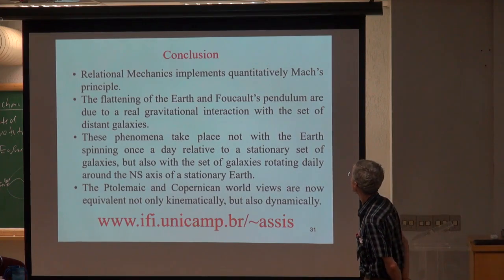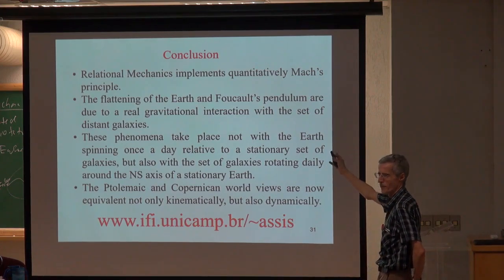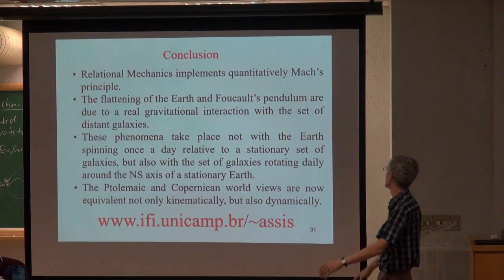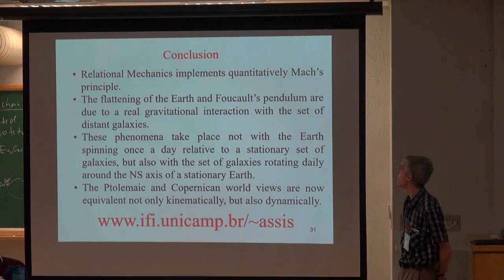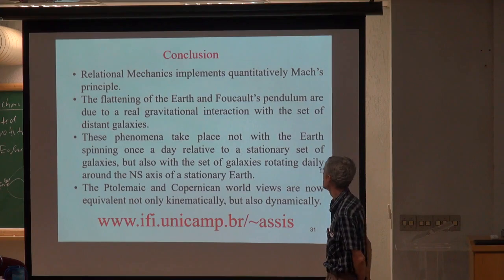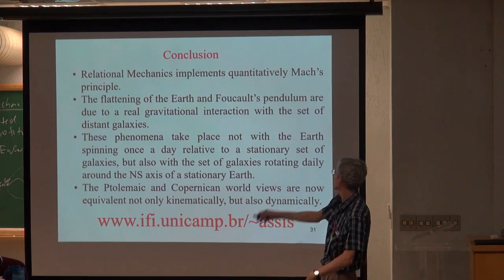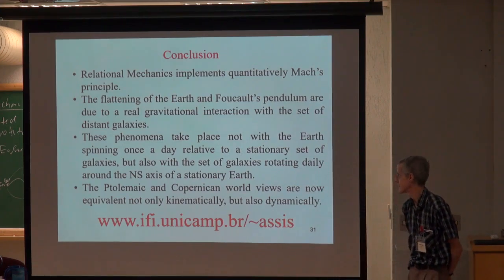The flattening of the Earth, I didn't discuss here Foucault's pendulum, it's fascinating, but another day we talk about that, are due to a real gravitational interaction of anybody on the Earth with the set of distant galaxies.